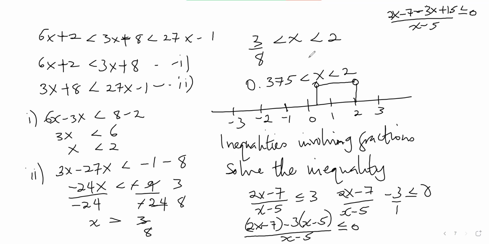Put the like terms together. We have minus x plus 8 divided by x minus 5 less than or equal to 0.